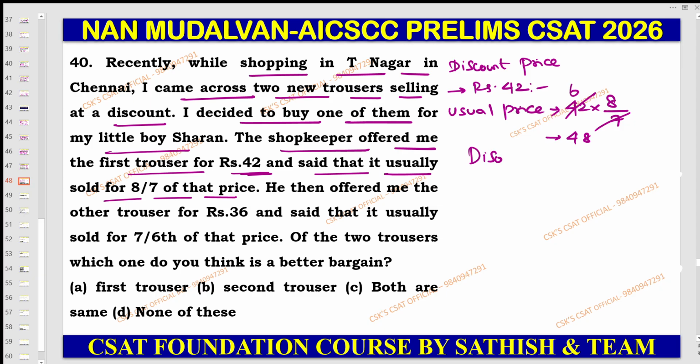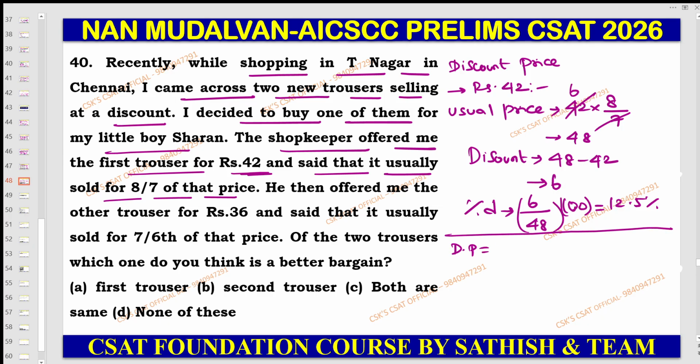Then what is the discount? 48 minus 42, 6. Discount percentage is equal to discount by usual price into 100, which is 12.5 percent. Right. So what about the second one?